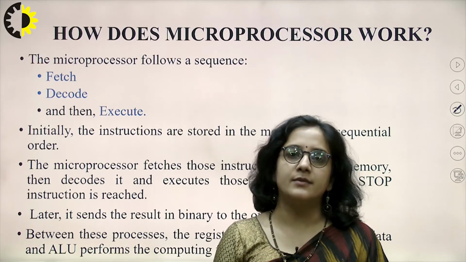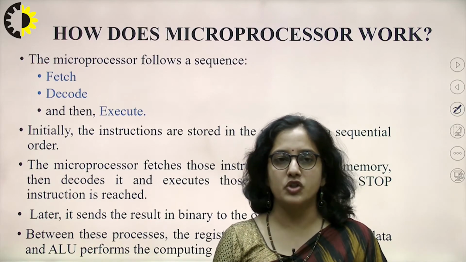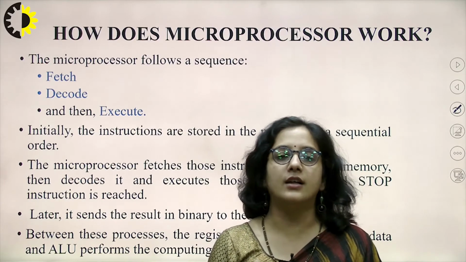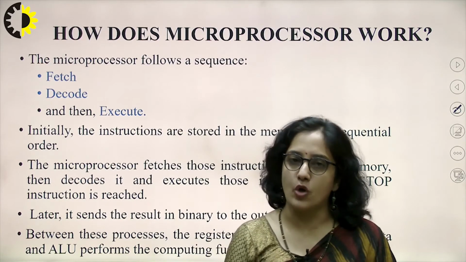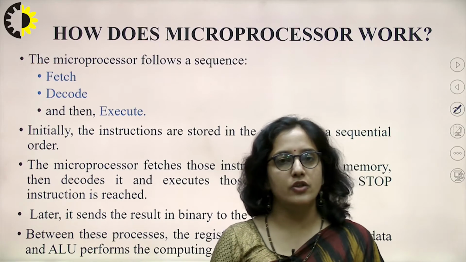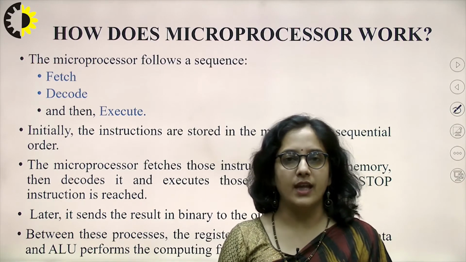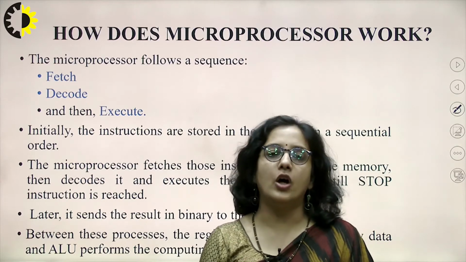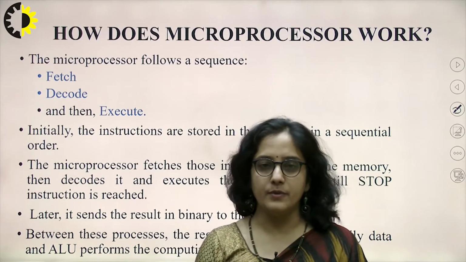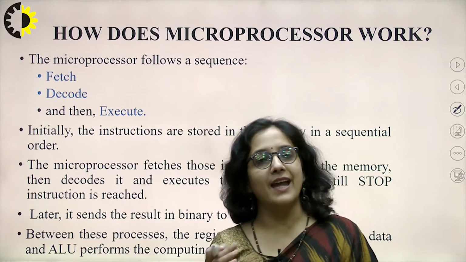And this task is performed for every instruction till the microprocessor gets the last instruction, that is the stop. Here, in case of microprocessor programming, the stop is given as a halt signal, or we can have a software interrupt which will tell the microprocessor that it is the end of the program.